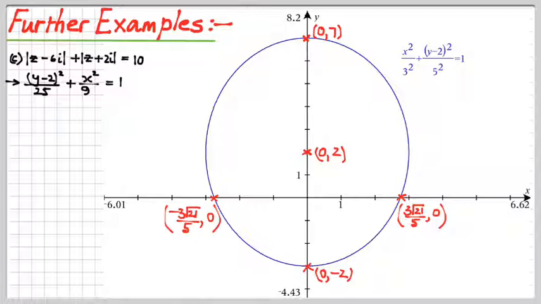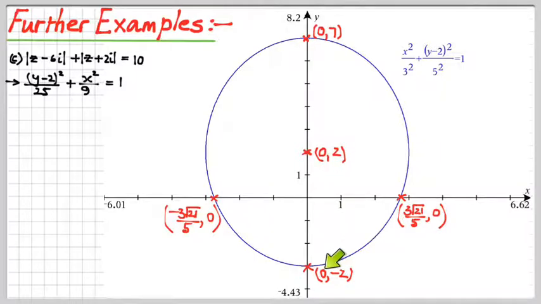Good gracious me. There it is, and there's my x-intercepts, and there's my centre point. You don't have to write the centre point in if you're graphing these formally. They don't require that. They do require the intercepts though.